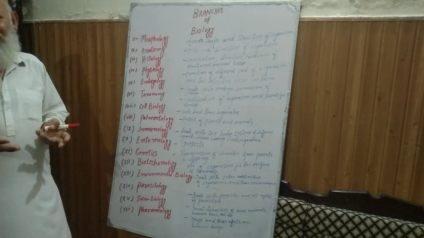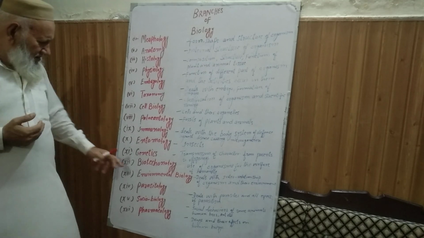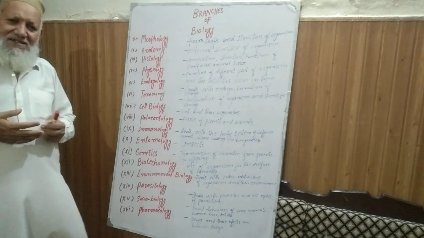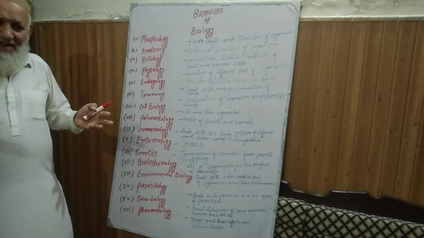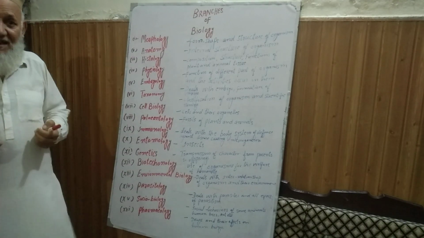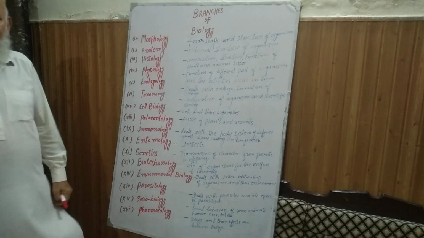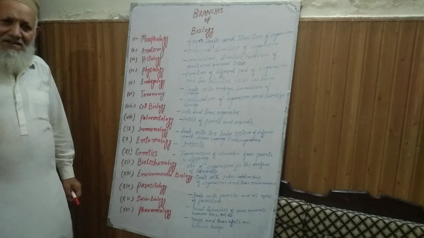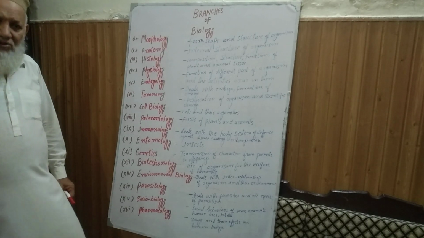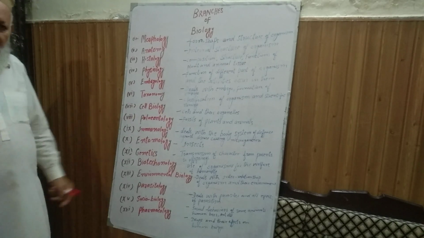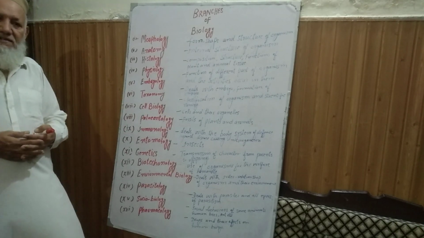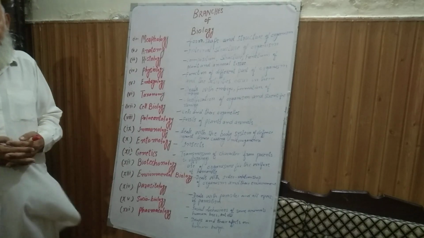So biotechnology thinks about living organisms and uses them for the purpose of humans. Now you understand what biotechnology is. You also have knowledge about the biotechnology department at Agriculture University Peshawar.